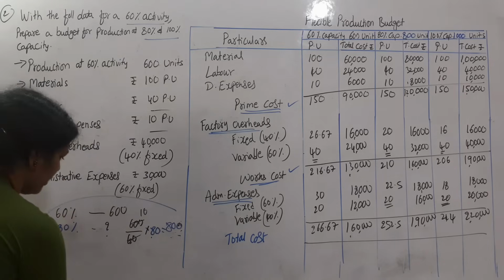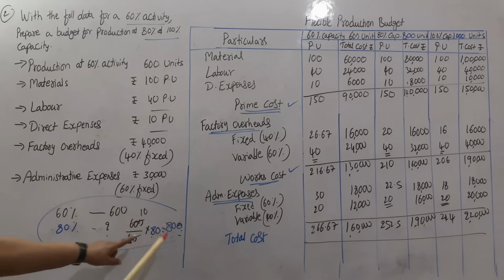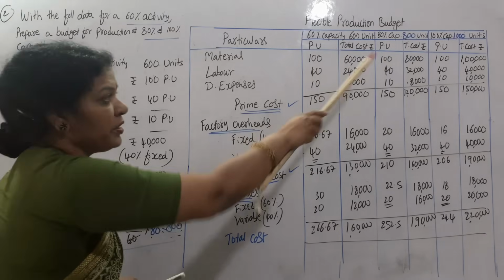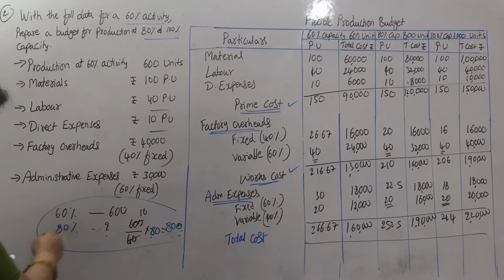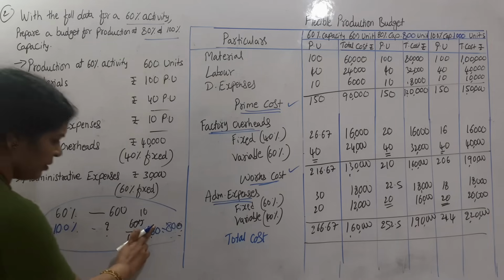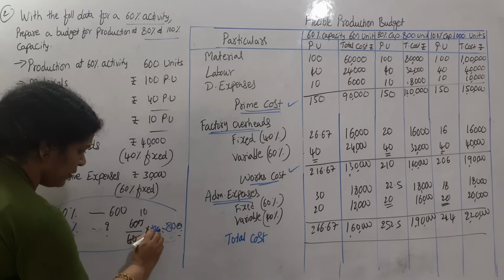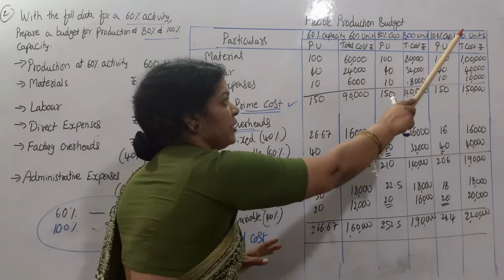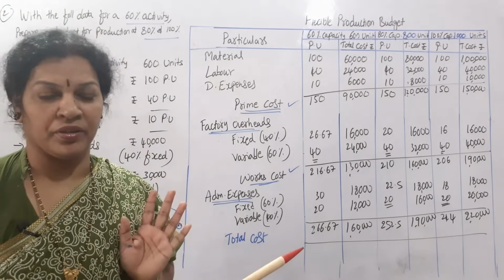So this calculation is important. You write 800 over there. In the same way, for 100%, you change it to 100. So you will get 1,000. How you got this 800 is important.